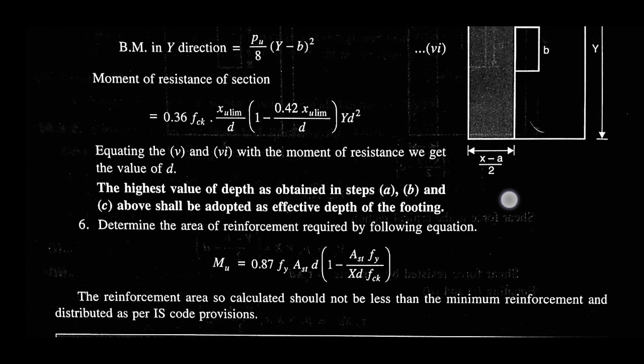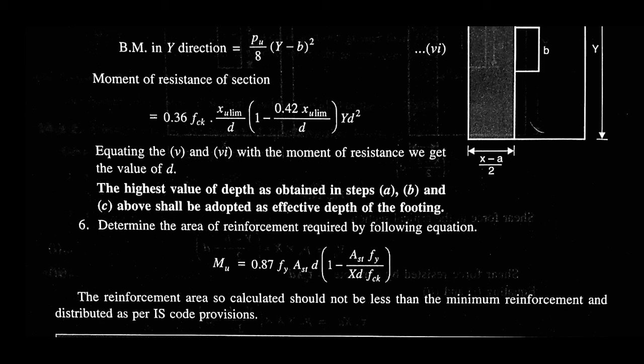Now the last part is to determine the area of reinforcement required by the following equation. This equation is given in the form which is given in Annex G. Mu is equal to 0.87 fy Ast into d within bracket (1 minus Ast fy by b d fck).